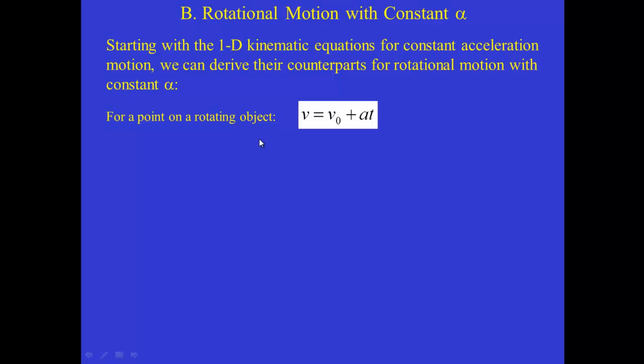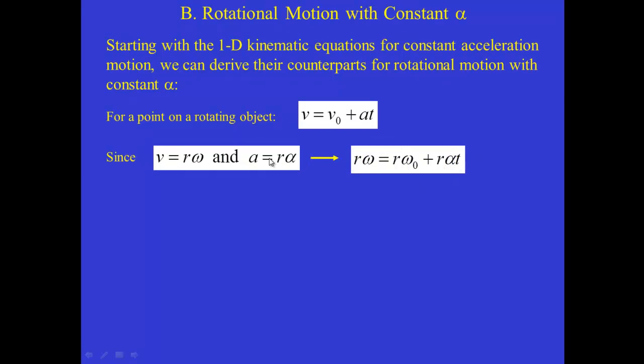So imagine we have a rotating object like the one I showed in the previous slide, and any point on that object would undergo motion where v would be equal to v0 plus at. But we would prefer to write this down in terms of theta and omega and alpha. And it's easy to do that. We just have to substitute in that v is r omega and a is r alpha, where r is the distance of this point from the rotation axis.